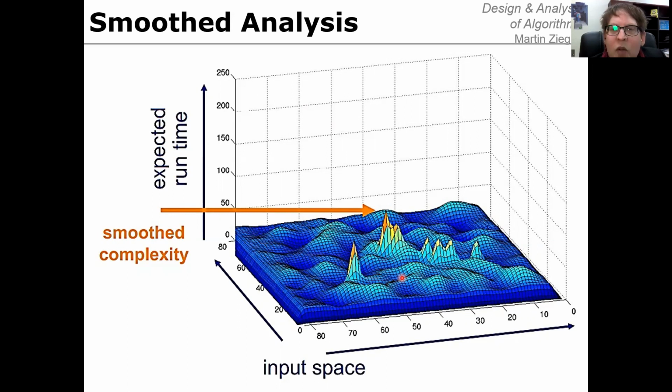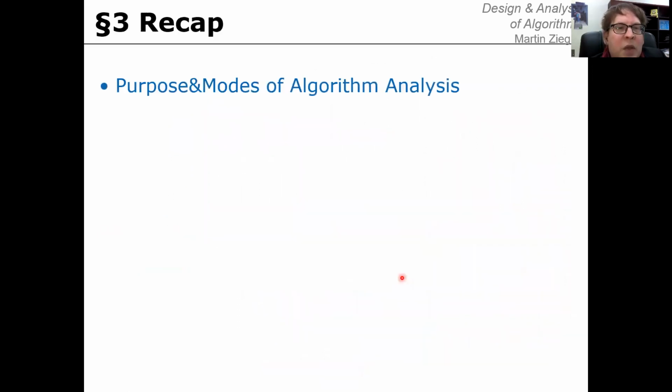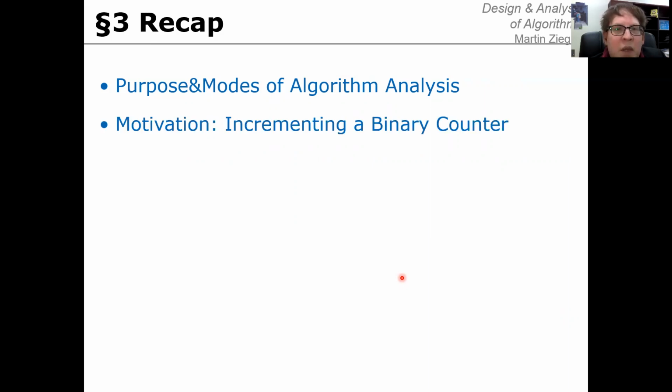So to conclude, in this chapter 3, we have talked about the purpose of algorithm analysis, namely to be able to predict the performance of algorithms without running them on all possible inputs, and modes of algorithm analysis: worst case, average case, and smoothed case. Later in this chapter we'll talk about amortized case, expected case, and so on.